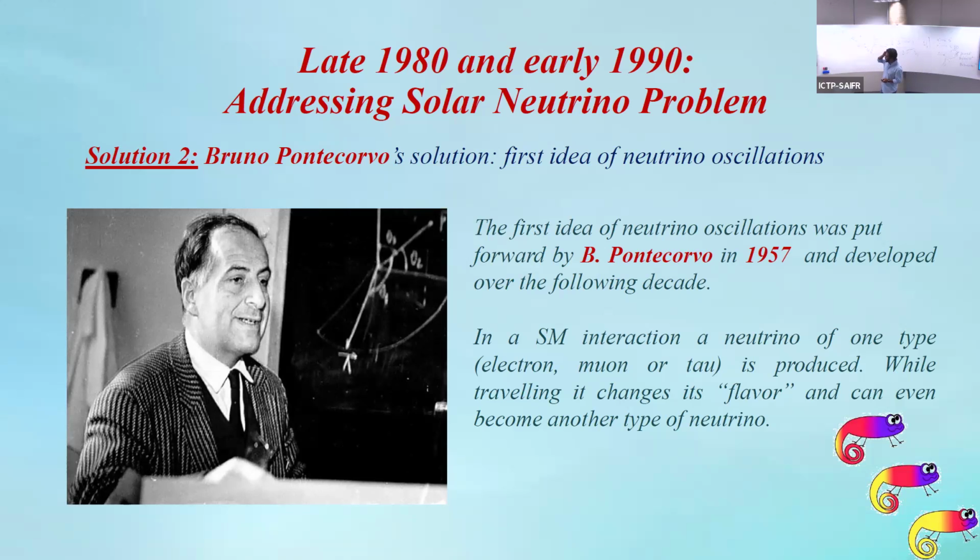So in a standard model interaction, a neutrino of one type is produced, and while traveling, it changes its flavor and can even become another type of neutrino. What was the fluctuation, the energy? Yes, the fluctuation in this excited atom, the argon.